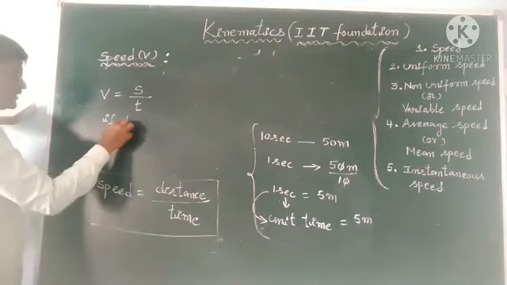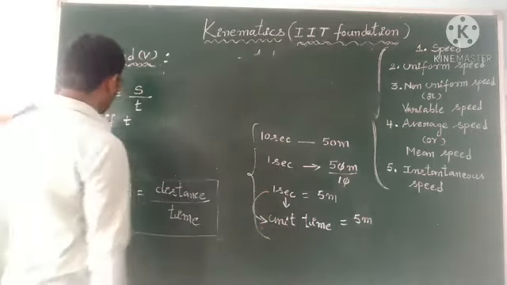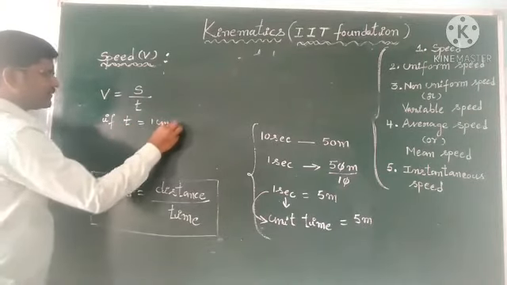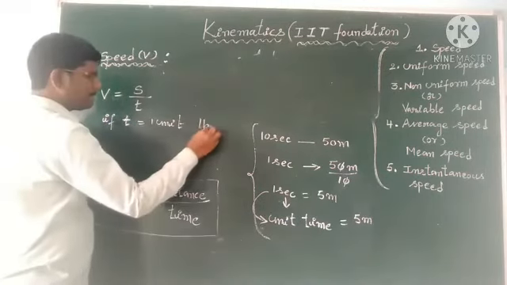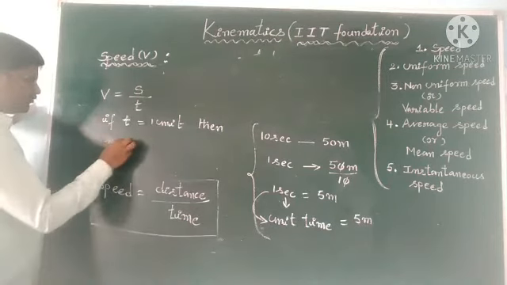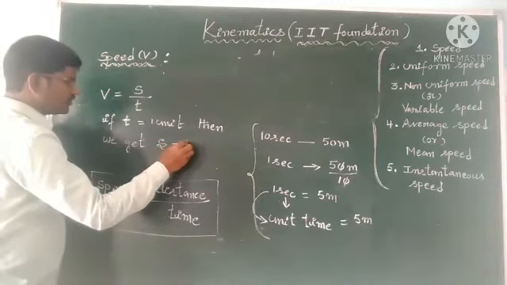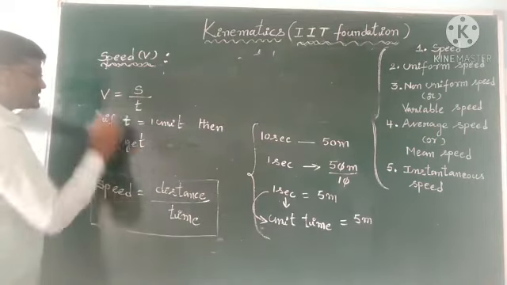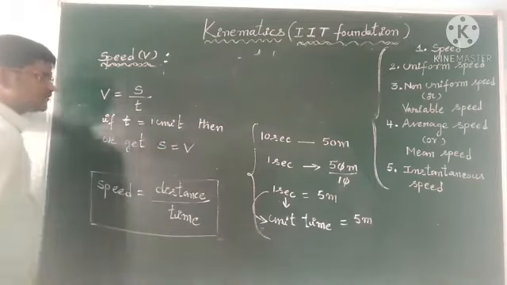If T is 1 second, that is unit time, if the time is 1 unit, then we will get S is equal to V. Then we get distance is equal to the speed.